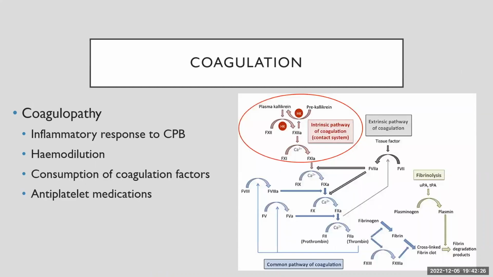So patients bleed in part relating to coagulopathy. As I've alluded to, being on bypass leads to activation of all of these factors relating to coagulation, hemodilution, platelets, and other proteins of the cascade are consumed whilst on bypass.